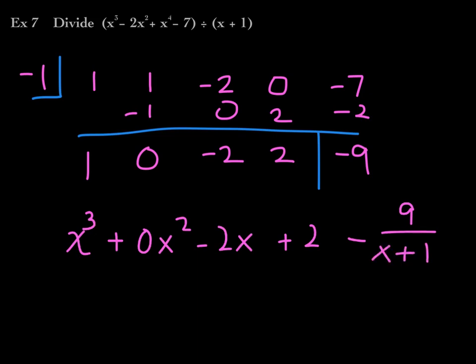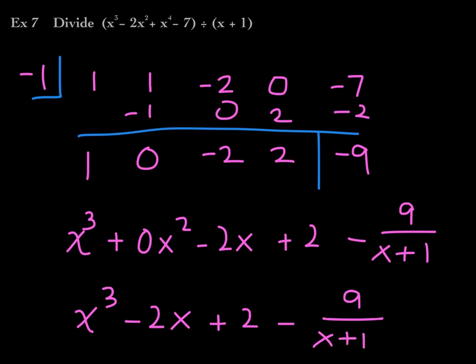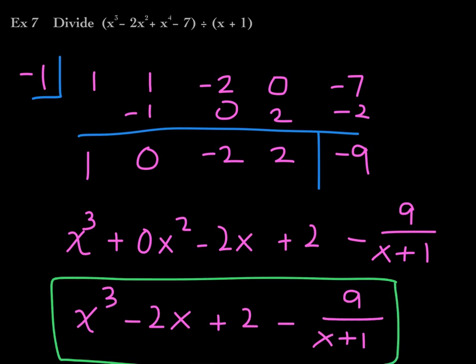You don't have to write the squared term because the coefficient is 0. So then you can write a better answer: x cubed minus 2x plus 2, minus 9 over the divisor. Okay? So this is your final answer.